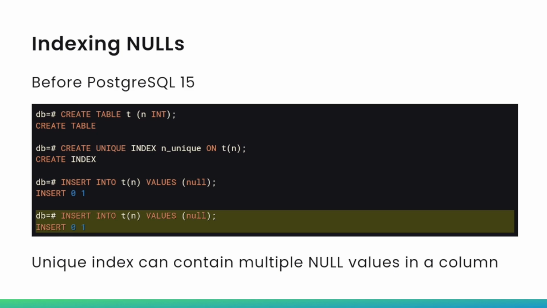So in terms of uniqueness, there is no violation here. So prior to Postgres 15, if you have a unique index on a nullable column, you need to expect multiple rows, potentially, with the value null, okay?